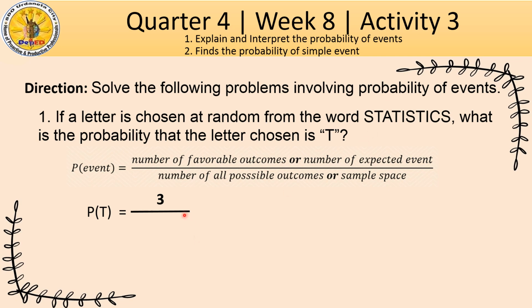And for the denominator, number of all possible outcomes or sample space, how many letters are there in the word statistics? Okay, we have 10 letters. Therefore, the probability of choosing T in the word statistics is 3/10. And that is the final answer.